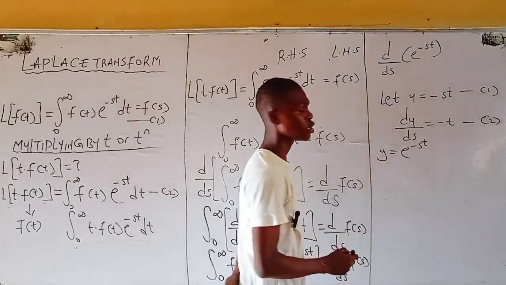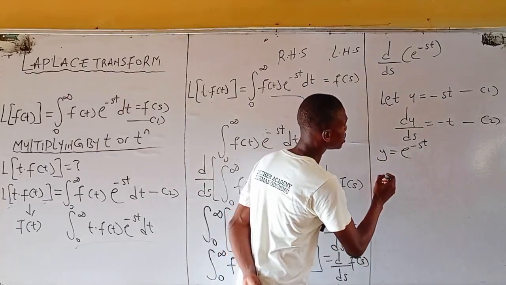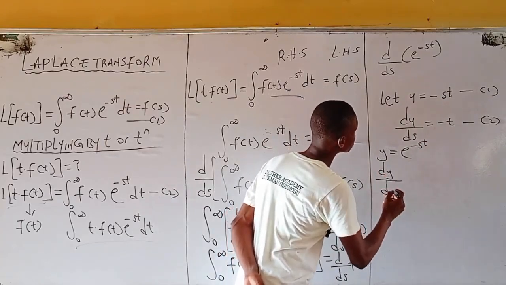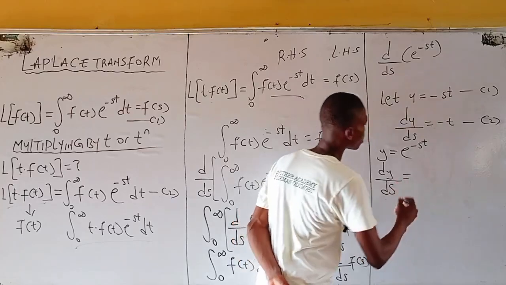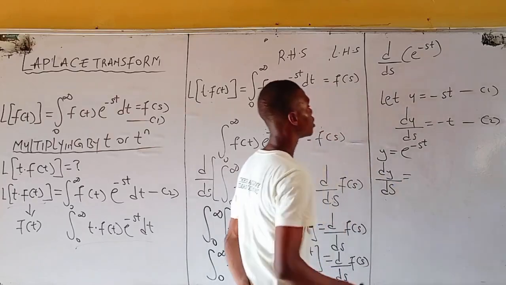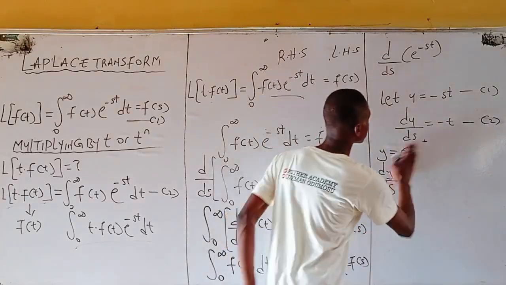Are you getting me? So it becomes dy over dx equals what? Sorry.